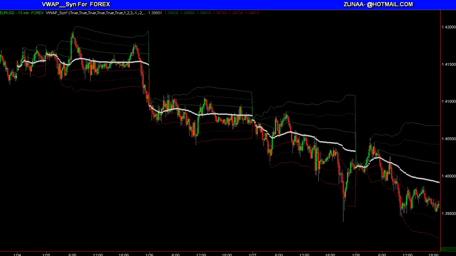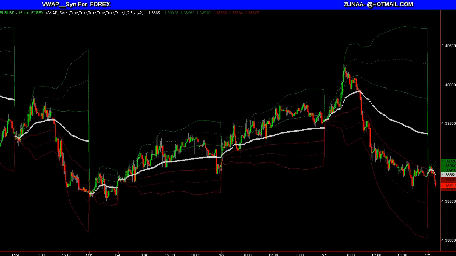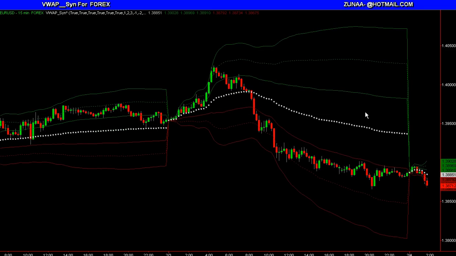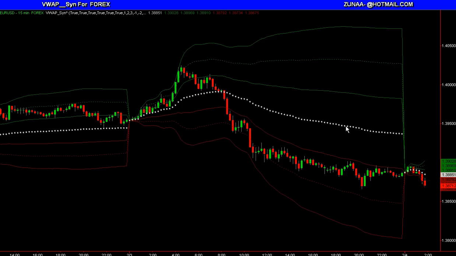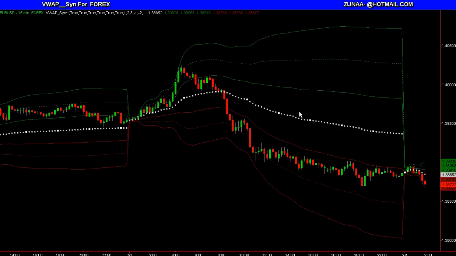I'm a little bit amazed when I put the synthetic volume weighted average price and the traditional volume weighted average price on, for example, a stock or a future contract. I'm amazed at how close they are, but more so that it seems that this synthetic one works even better than the traditional one.